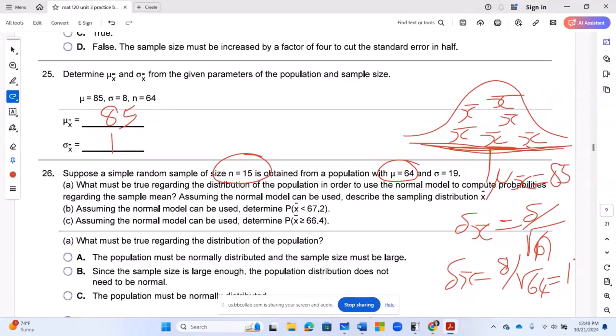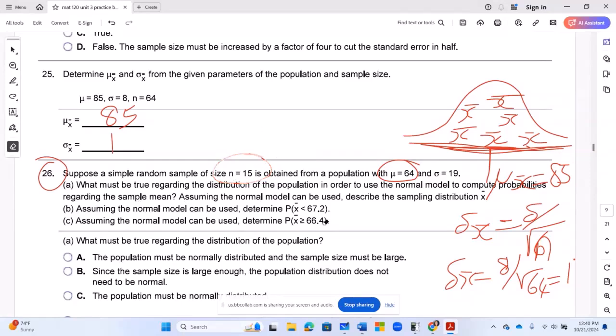So mu x is 64, and the standard deviation of the original data is 19. So for this number 26, I am going to clear all the things written above.